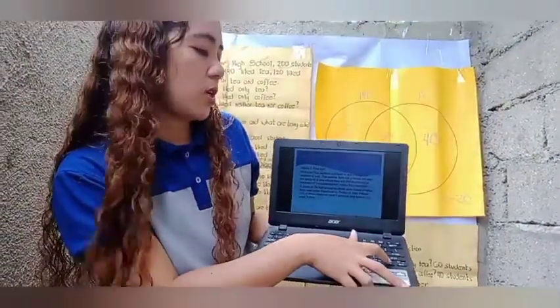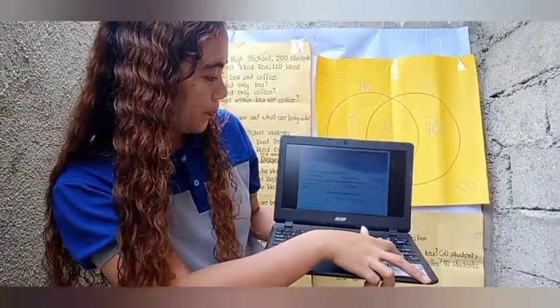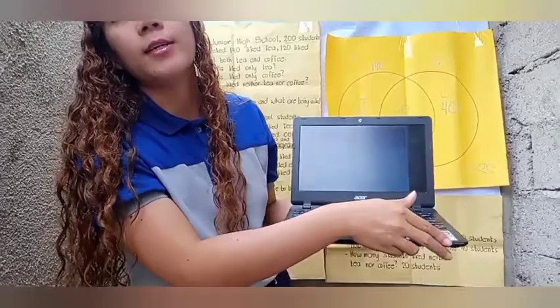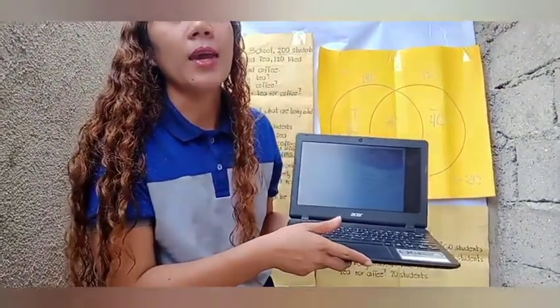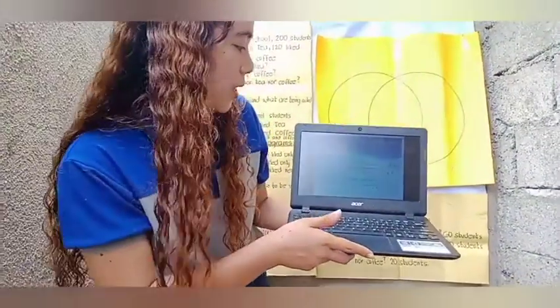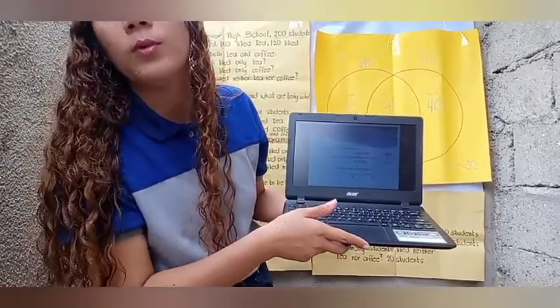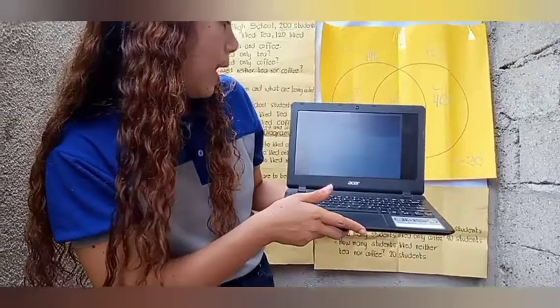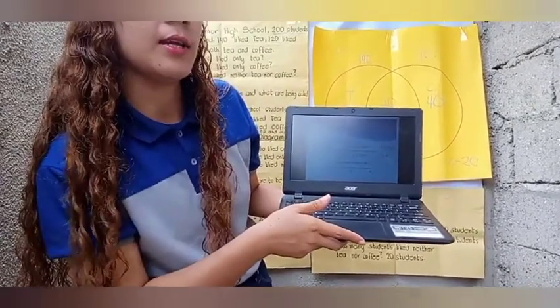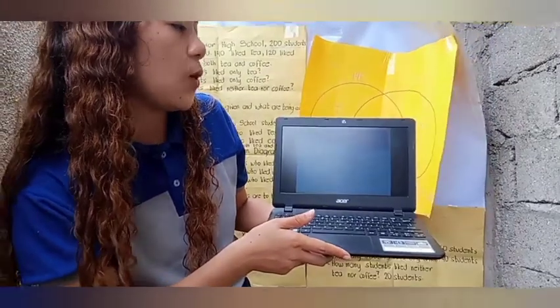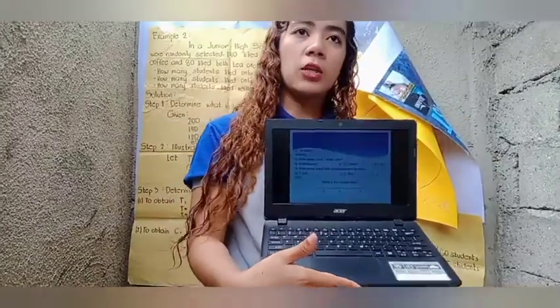So, here are the questions, group 1. How many students used Facebook only? Okay, may secretary pala kayo. How many used Twitter only? And then, how many used both social networking sites? And then, you have to find what is the hidden clue.